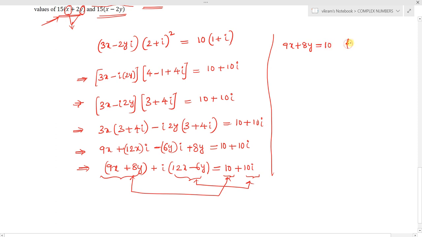And the other condition: 12x minus 6y equals 10. These are the two conditions we obtained. Now simplify and solve for x and y.